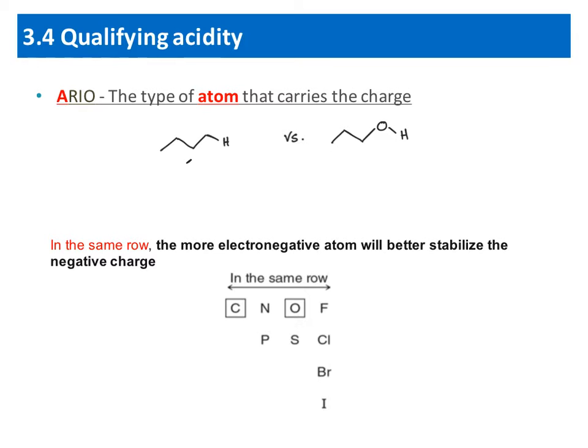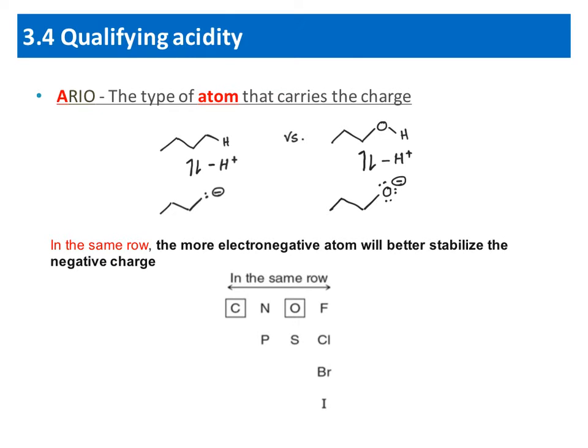So for this one, I remove the proton. This is the symbol that shows that I am removing the proton, and that gives me this anion. Now in the second one, if I do the same thing, this is going to be my anion.